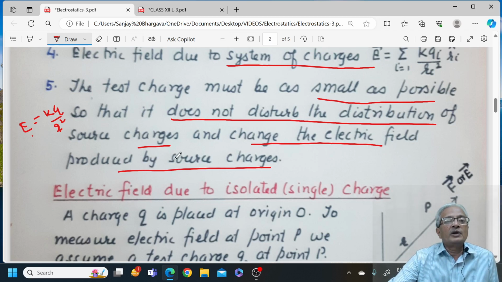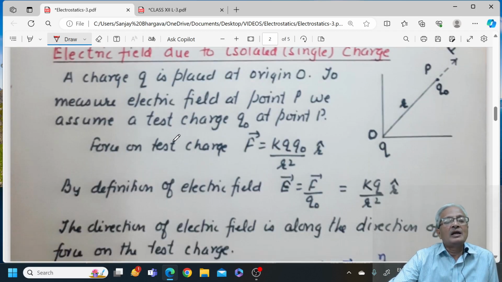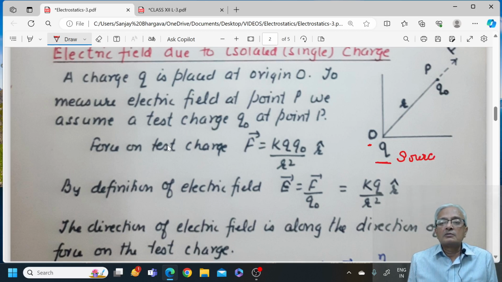Now I would like to calculate the electric field due to a single isolated charge. Let us see, we have here a charge Q placed at the origin O. This would act like a source charge.